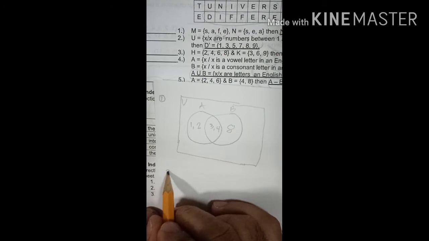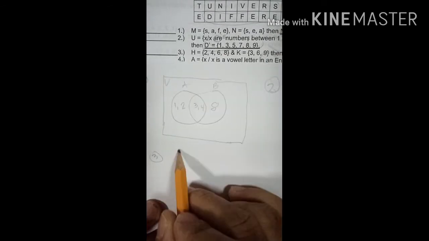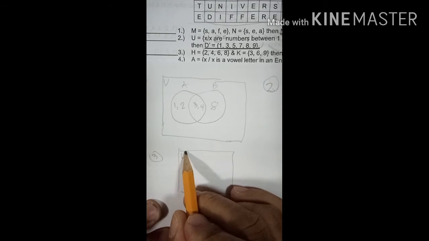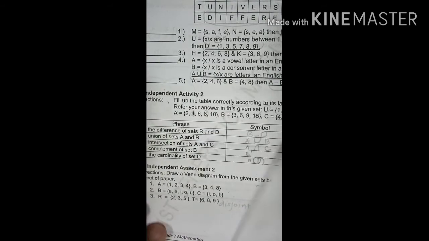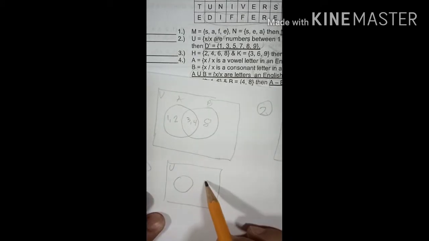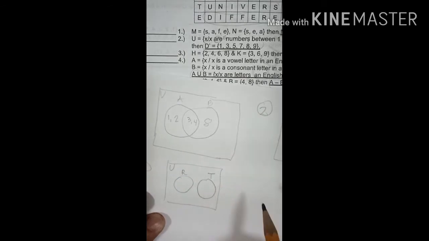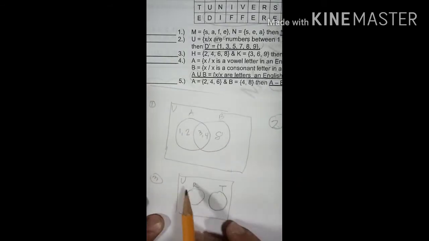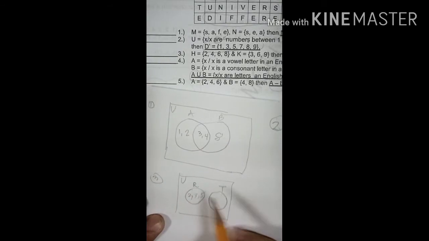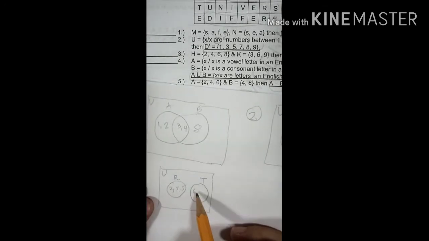To represent this in a Venn diagram, do not forget to write U. Since there are 2 sets, R and T, 2 circles are drawn. For R, we have 2, 3, 5. And for T, we have 6, 8, 9. So they are disjoint sets.